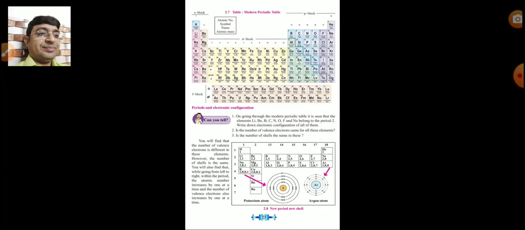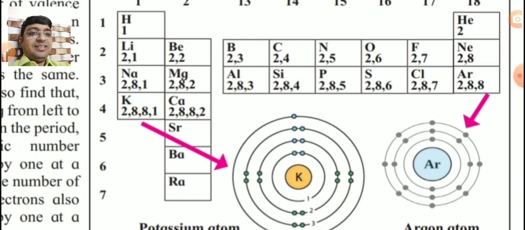Check. In the third period, sodium 281, magnesium 282, aluminium 283. So the outermost shell has 1, 2 or 3 electrons. So these are all metals. Silicon is a special case, that is a metalloid, 4 electrons are there. So what I told, 4 or more than 4 electrons present in the outermost shell, they are all non-metals except silicon.